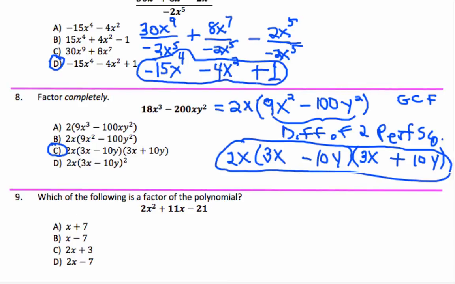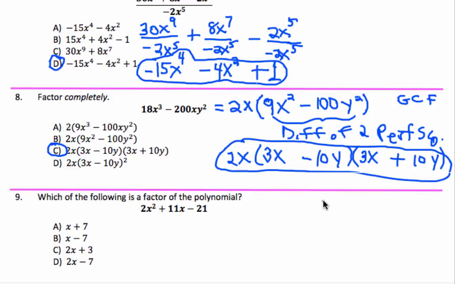Problem number 9 asks you to factor what's called a quadratic trinomial. It's a quadratic because of the exponent of 2 here. Trinomial means 3 terms. Now there are two ways to do this when the coefficient of the x squared does not equal 1, as is the case here.